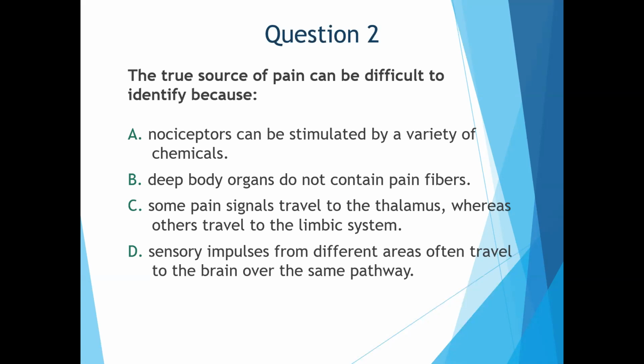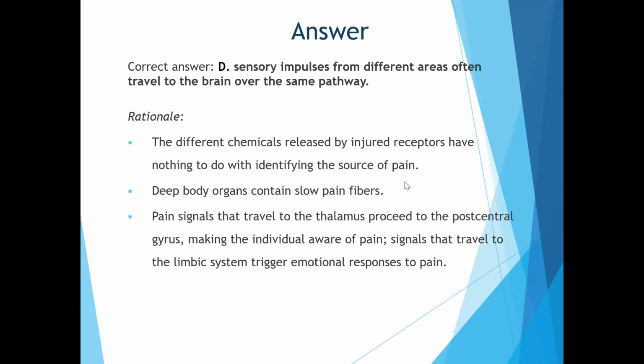D, sensory impulses from different areas often travel to the brain over the same pathway. So the answer there is D, sensory impulses from different areas often travel to the brain over the same pathway. Remember, sometimes those nerve pathways kind of overlap. So some of the deep organs are supplied by the same areas that run superficial as well.